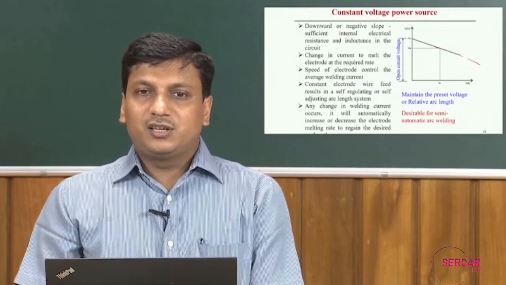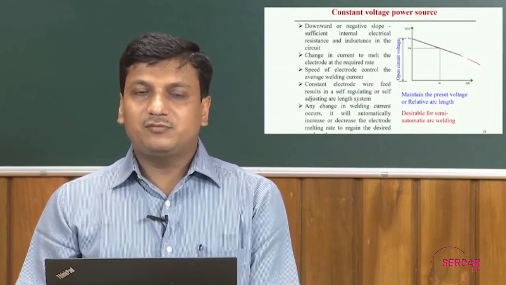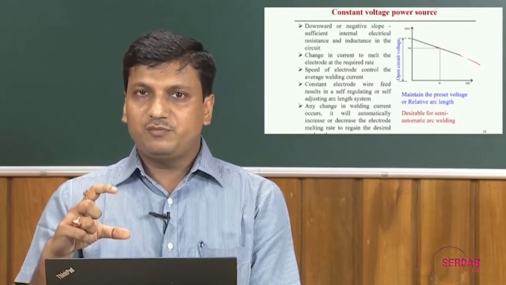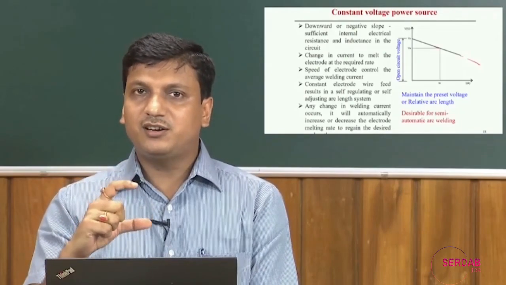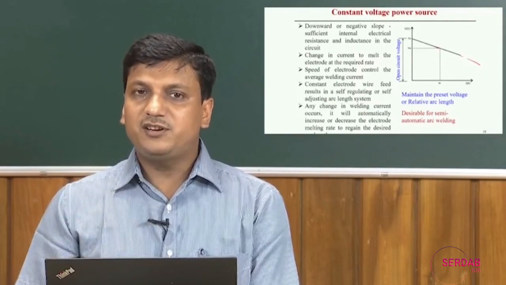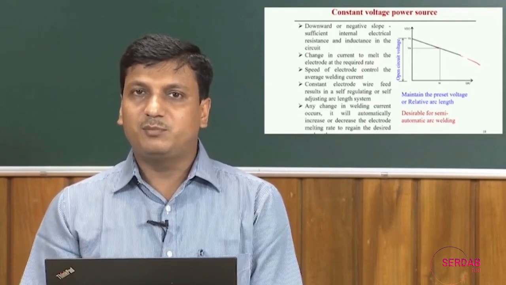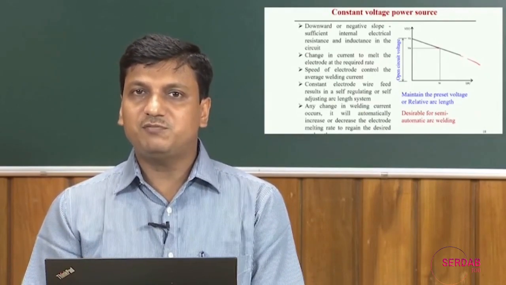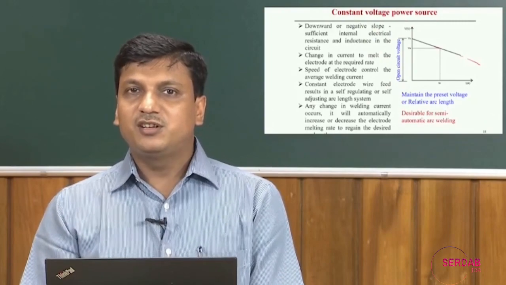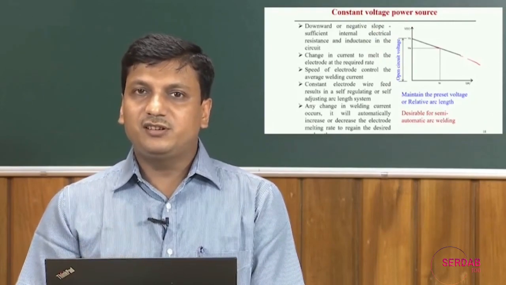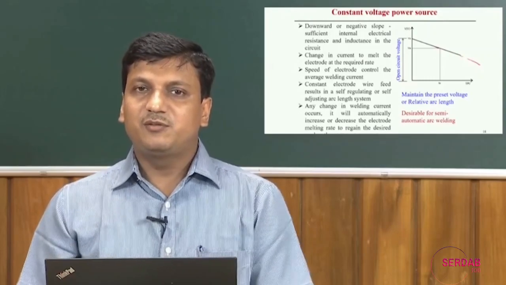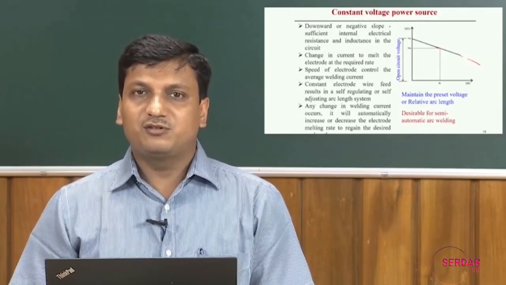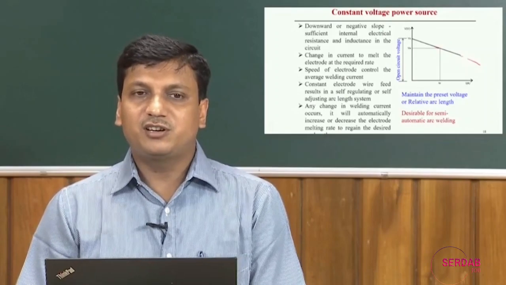So, in this case the power source always tries to maintain the desired arc length by maintaining the constant voltage, but if during the process there is a small variation in the arc length, that is automatically adjusted by melting the electrode material, definitely in the case of a consumable electrode.